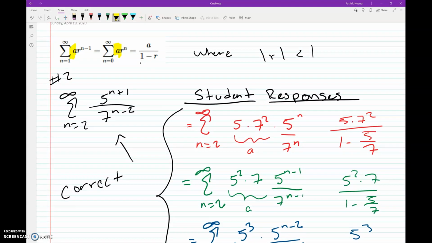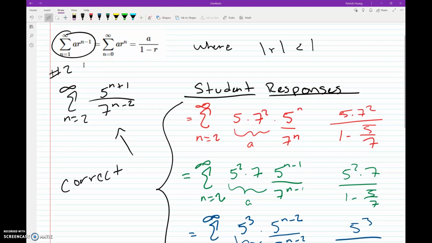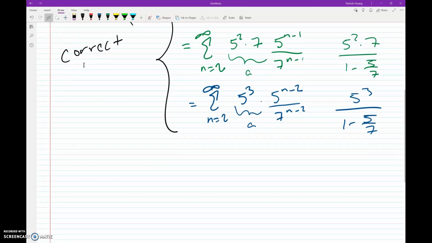into this equation. We have to understand what it is and what it represents. So let's look at this one. Let's write out what this series would be. I always like writing out the terms. So the sum from n equals 1 to infinity of a times r to the n minus 1.